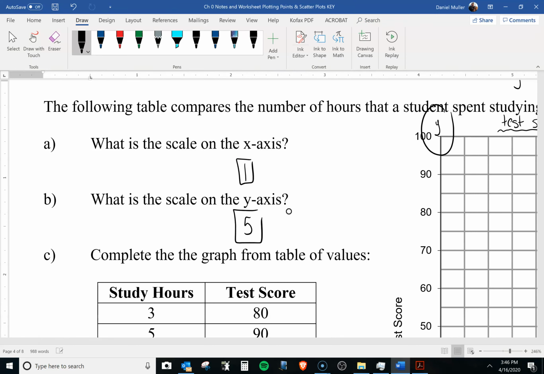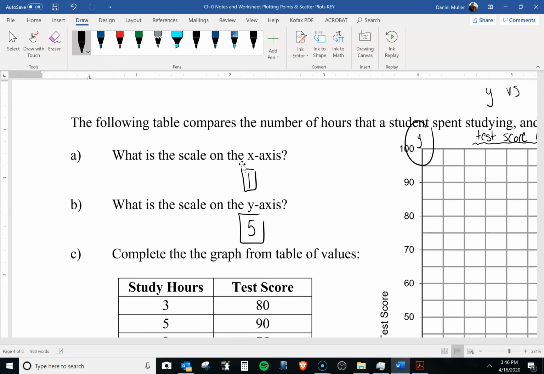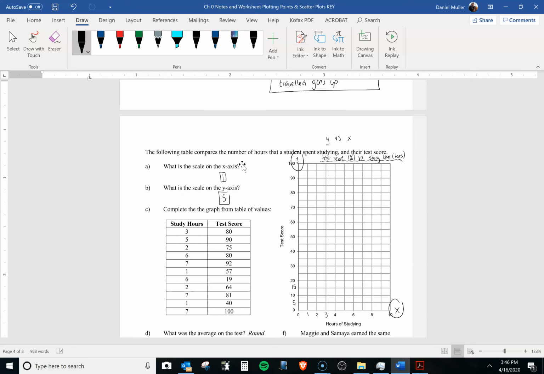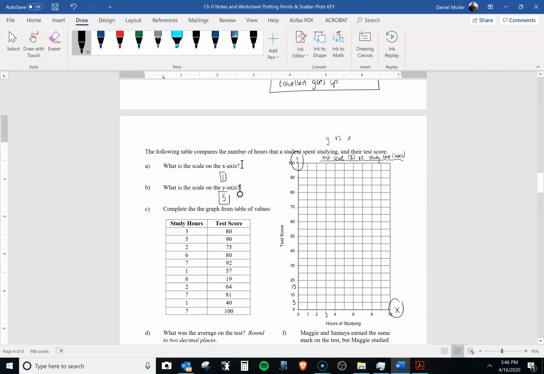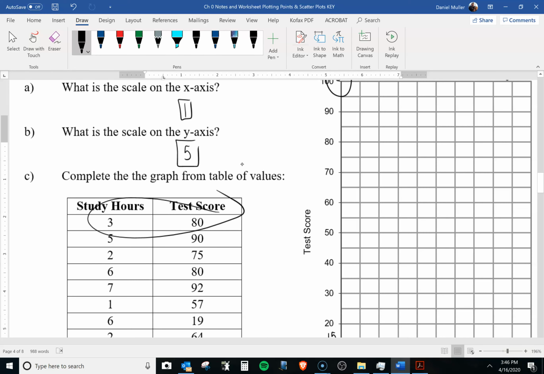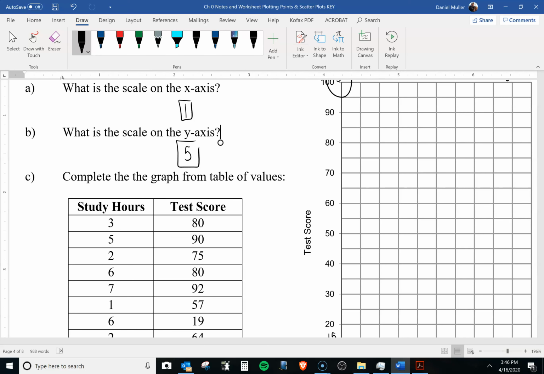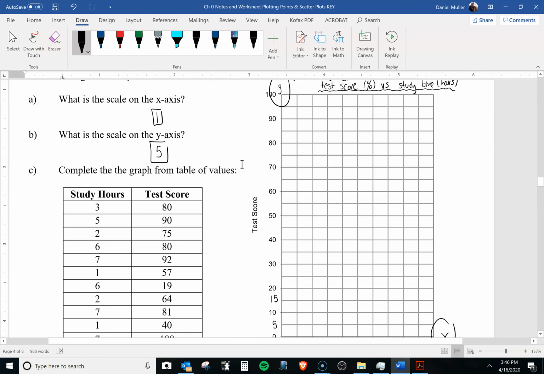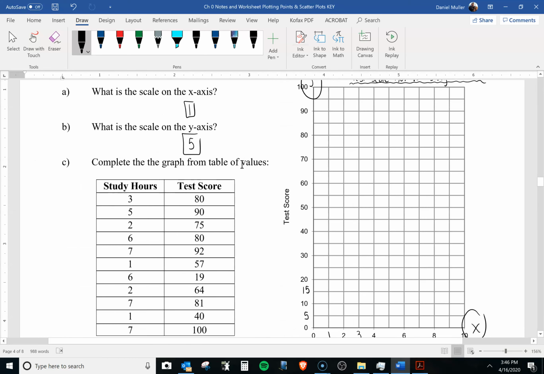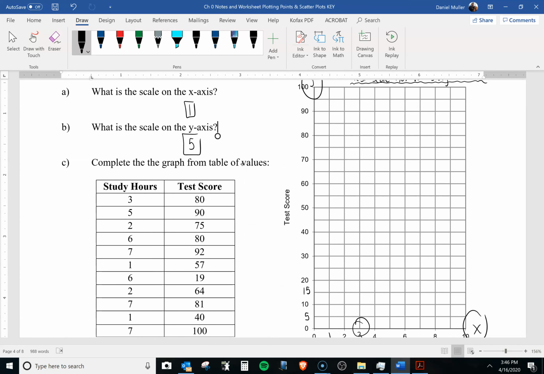And then comes the part where we'll be doing a lot of this in this unit, where we actually have to graph this. I usually like to start at the top, the first one, and that is 3 and 80. So I'm going to zoom out a little bit here. 3 is right here, and 80 is up here. So my point is right there.